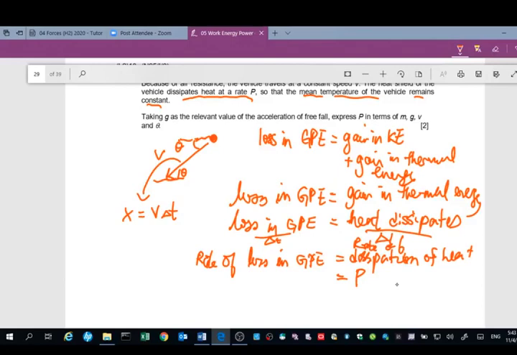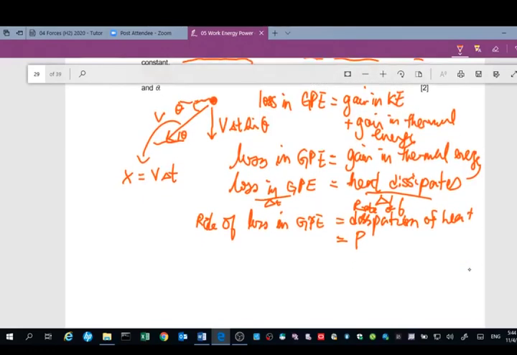Along the vertical direction, it will be v delta t times sine theta. So the decrease in height is v delta t sine theta.